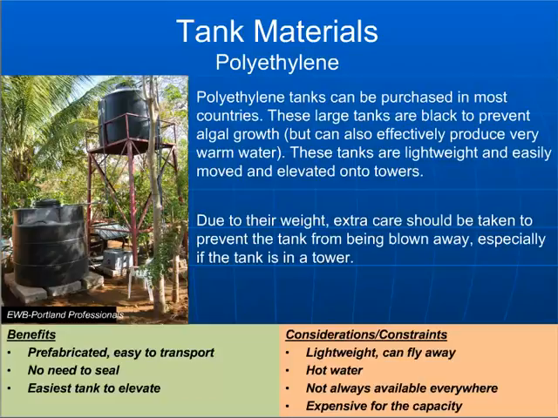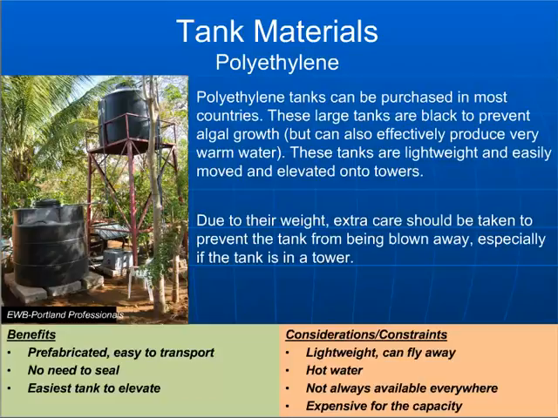The disadvantage of these tanks is that they're very lightweight, and so if they're unfilled and the wind blows, they can move down the road. They also tend to be black in order to prevent algae from growing in them. That can have the effect of increasing water temperature that may not be desirable.